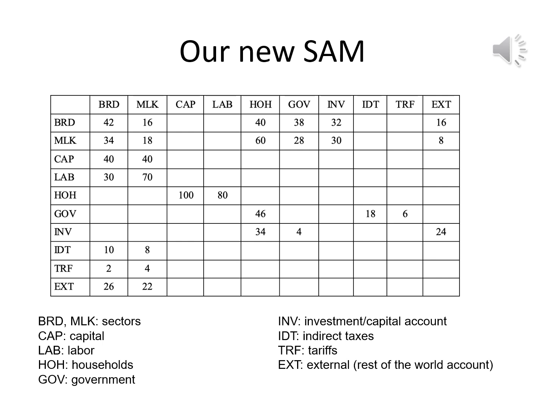Okay, so there are some relations here which are very important to understand the macroeconomics of this SAM. For example, if you look at the external account, the total imports are 26 plus 22, which is 48. How do you pay for these imports? Well, you need to have foreign currency. So you have export revenues, which bring you some foreign exchange earnings, plus borrowing. Because if you do not have enough foreign exchange revenue, you have to borrow from abroad.